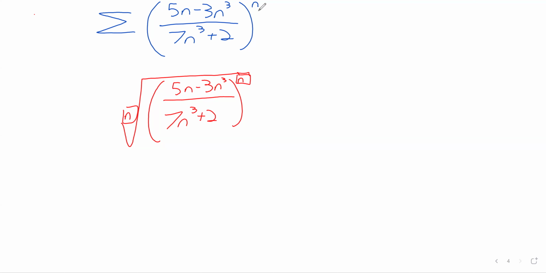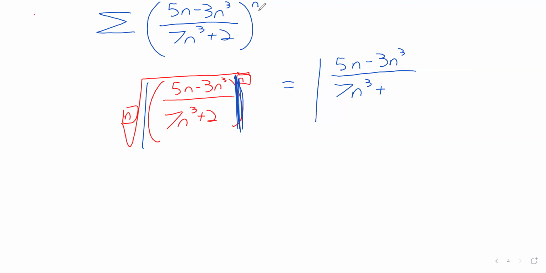We actually think that we do need the absolute values here, but the nth root and the nth power, as I say, wipe each other out, and we get the absolute value of this expression. And you ask what happens as n goes to infinity.